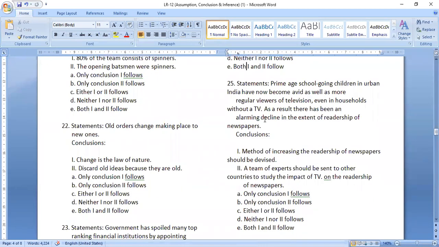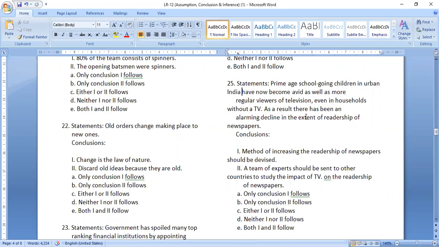Right. So 25. The statement is: primary school-going children in urban India have now become avid as well as more regular viewers of television, even in households without a TV.